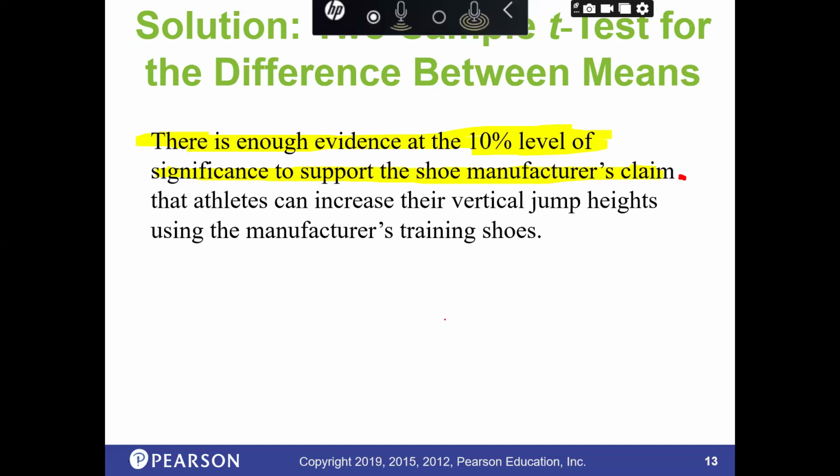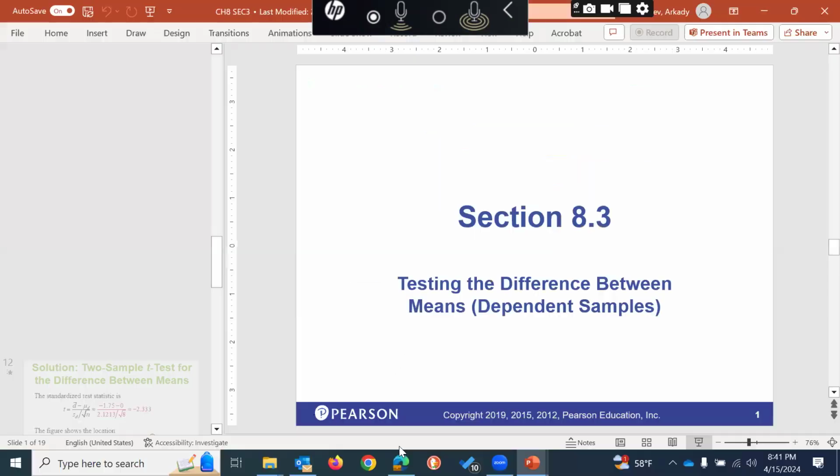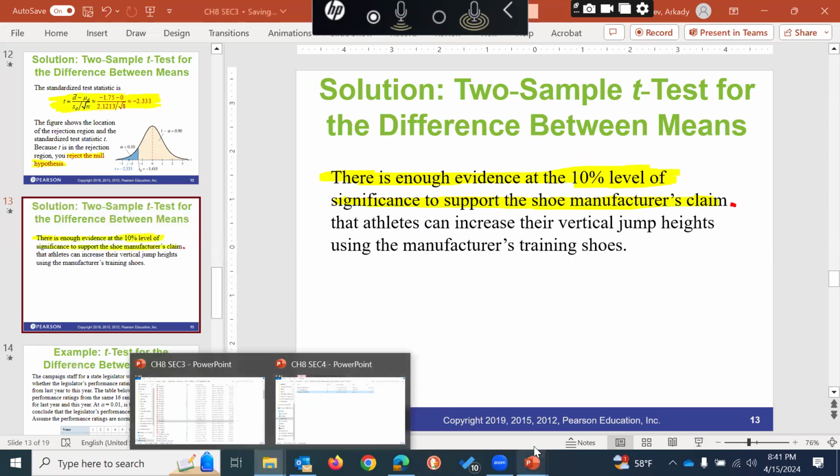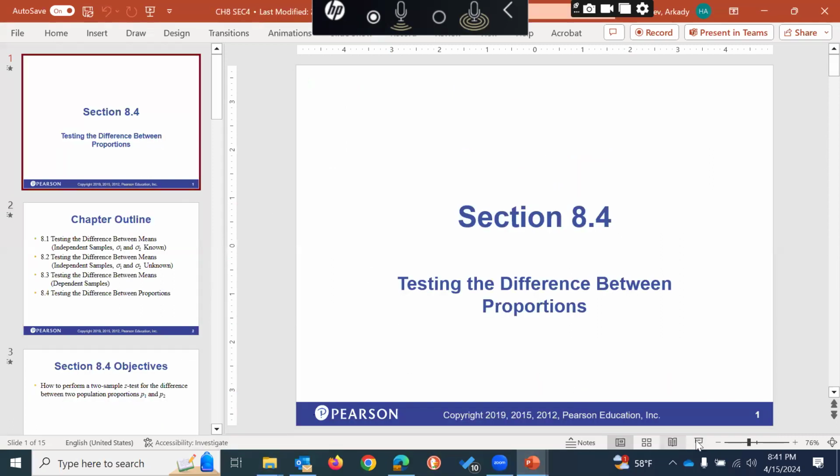Okay, so let's go. All right. Okay, are we good there? Okay, one last problem, and one last concept here. You guys did a good job here.